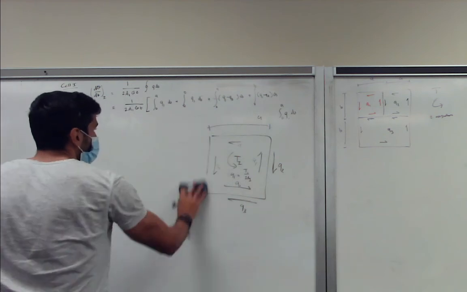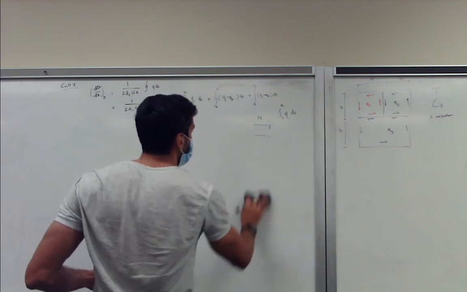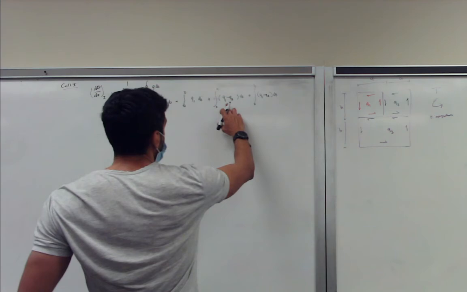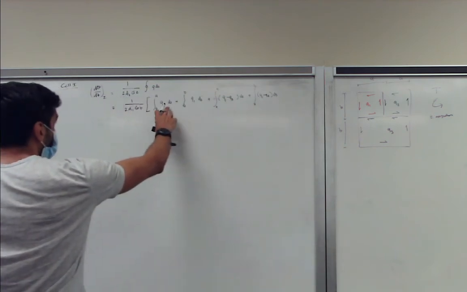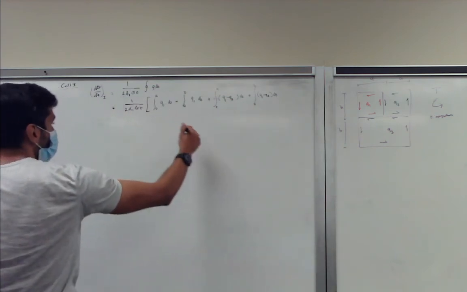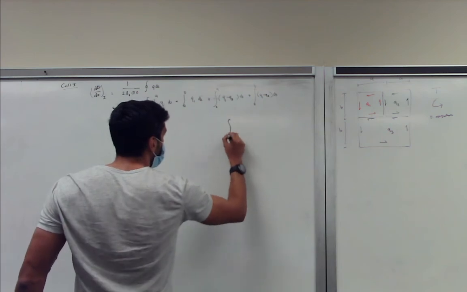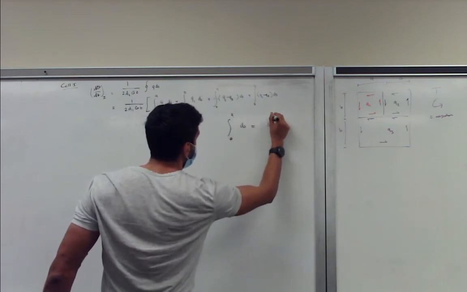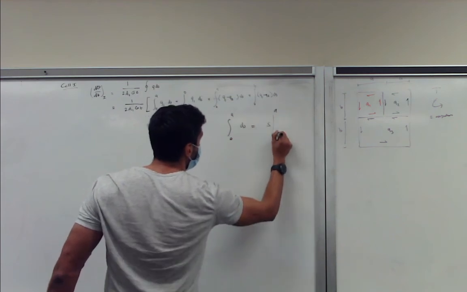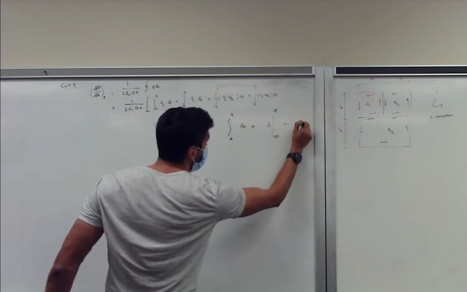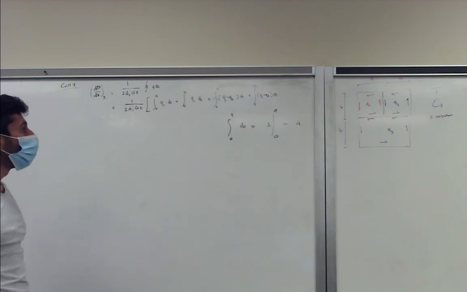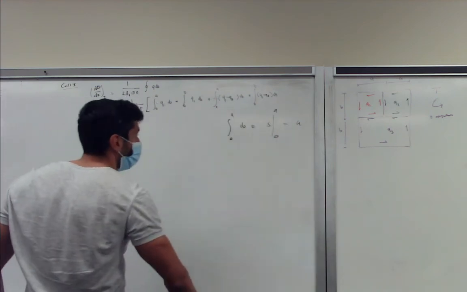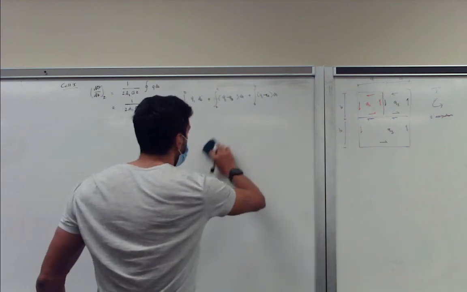And now we can substitute the integrals because the shear flows Q1, Q2, and Q3 are constant. So the integral of 0 to A ds becomes s evaluated from 0 to A, which becomes A, right? So this becomes A, this becomes B, this becomes A, this becomes B. So let's write that out.